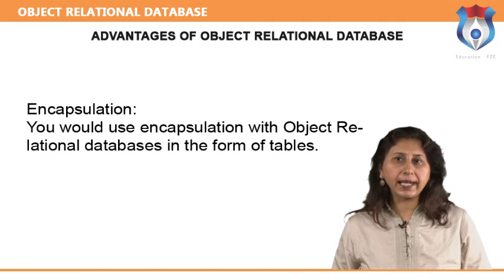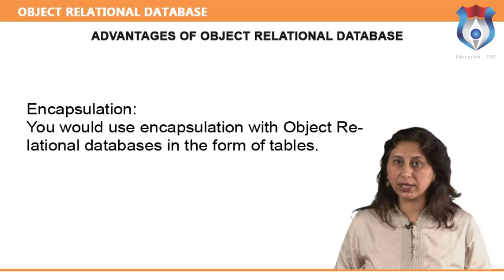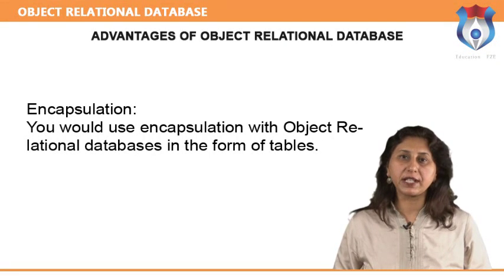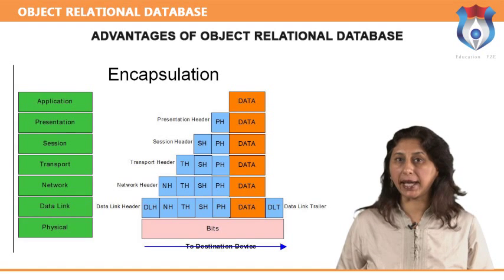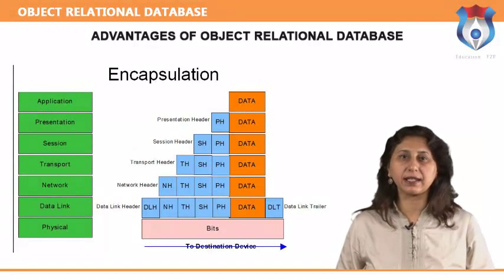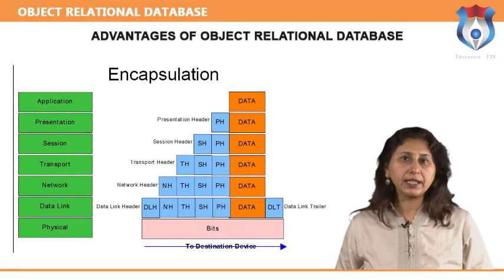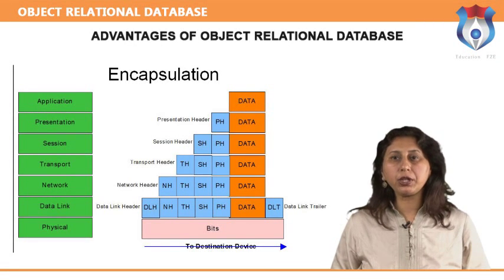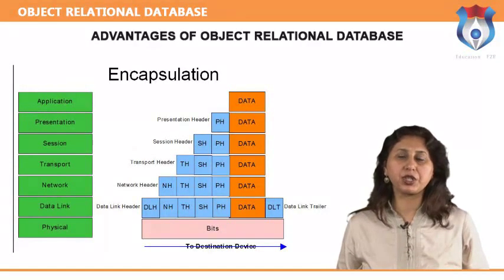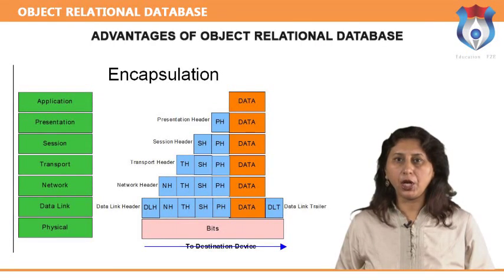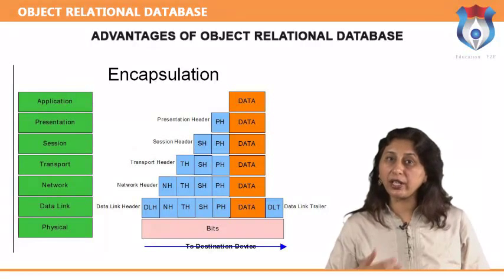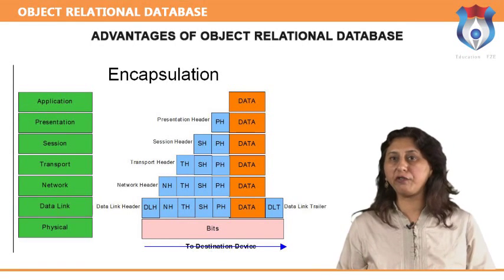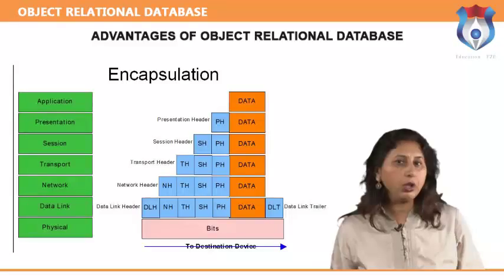You would use encapsulation with object relational databases in the form of tables to include name, address, telephone number and email address for your contacts. Through encapsulating the contacts class, you combine all of this information into this one table, so that when you query the database for this information, you generate a report in the style of a form to include all of this information.